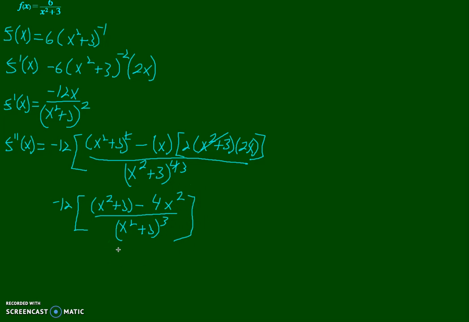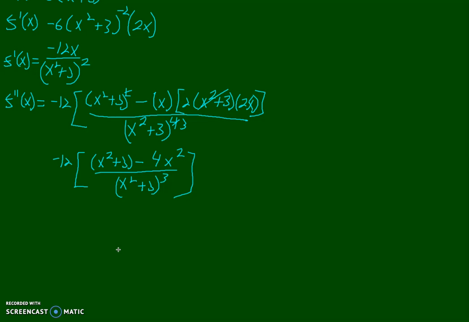And we can simplify a little further. Let's expand this out. So we have x squared minus 4x squared is negative 3x squared plus 3 all over x squared plus 3 to the 3rd. And that whole thing is multiplied by negative 12.